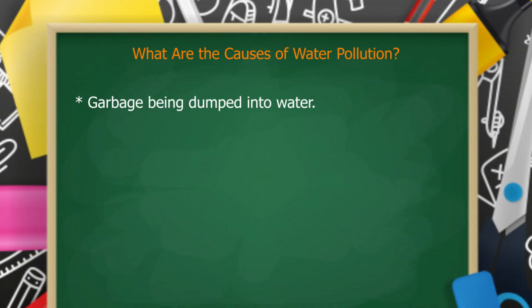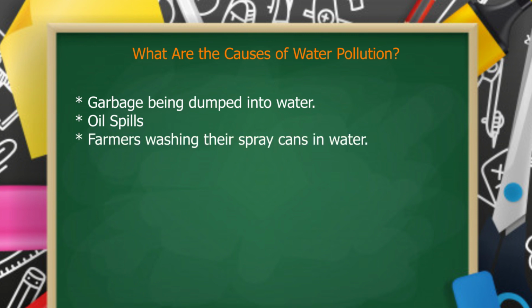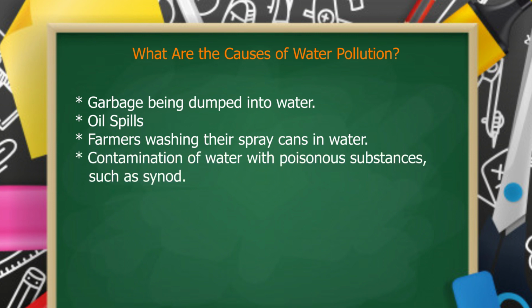Now, how is water pollution caused? When you and I dump our garbage in the water, that is one way. Through oil spills. When farmers wash their spray cans in water, or when people put poisonous substances such as cyanide in the water, it causes the fishes to die.